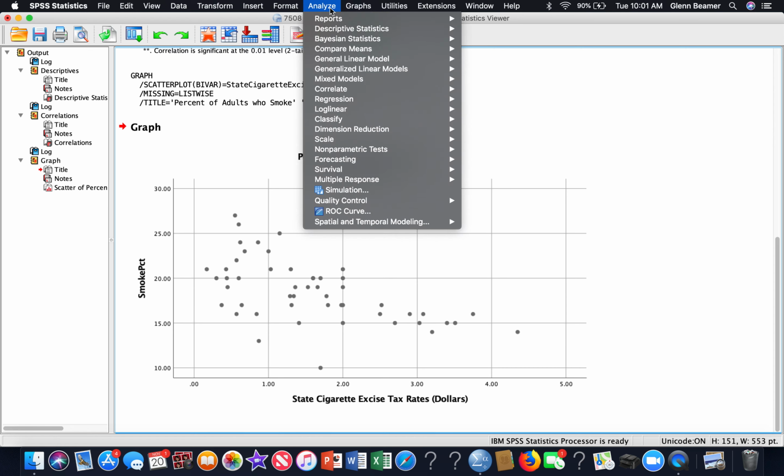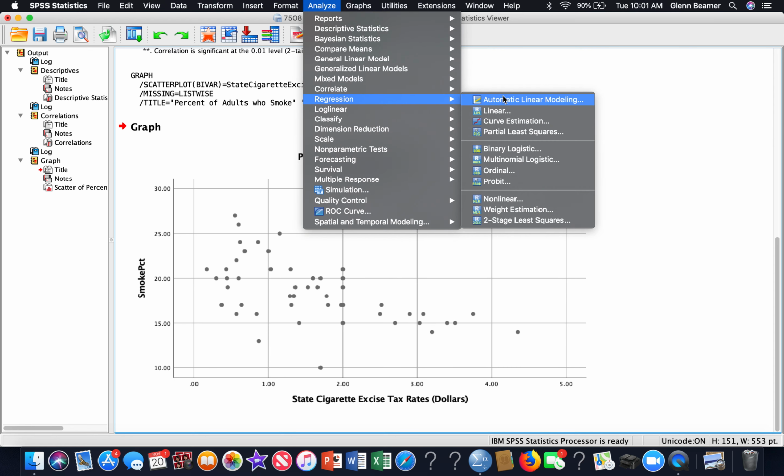So we go to Analyze, and then Regression, and then Linear, and then the dependent variable will be the smoker percent, and the state cigarette taxes is the independent variable. I'm going to go ahead and do Statistics just to make sure I'm getting what I want, which is the coefficient estimate.